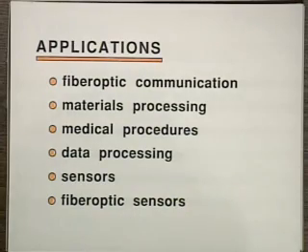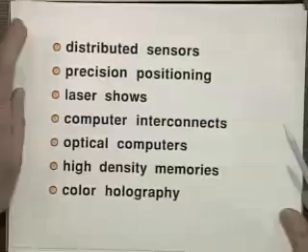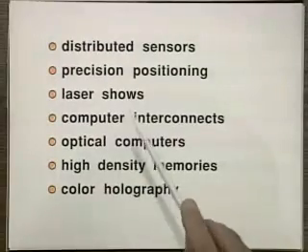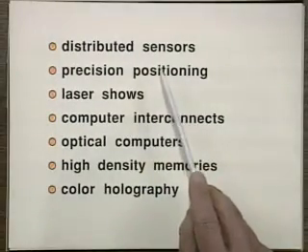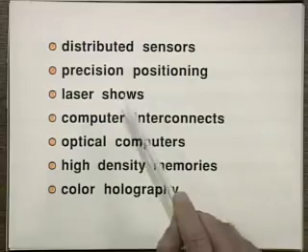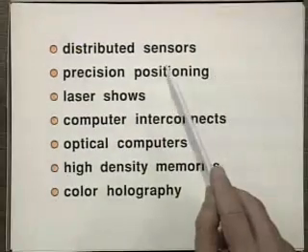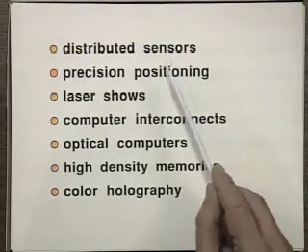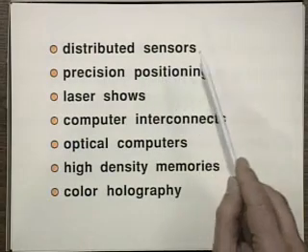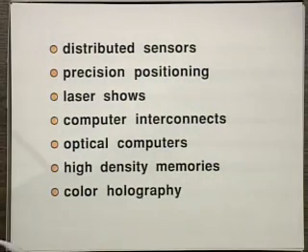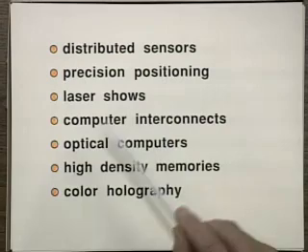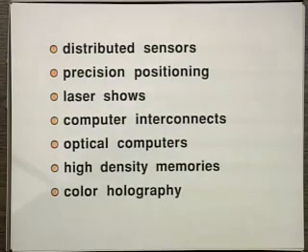Also, because fiber optic fibers have low loss, you can have all kinds of distributed sensors, because the fiber doesn't have any loss, so you can place sensors all over the place and collect data from a large area.